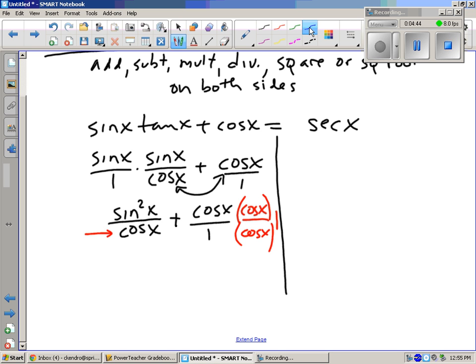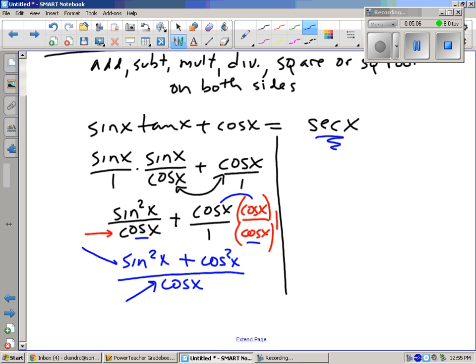From there, I still have sine squared. Here I get cosine squared, and then they both have cosine x for the denominator, so I put that together. Now keep in mind what we're trying to do. We're trying to get secant. We know that is 1 over cosine. What is this?